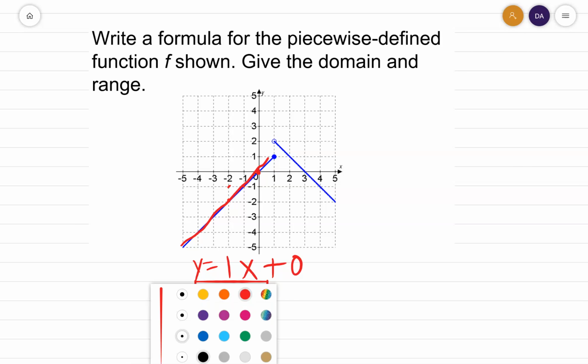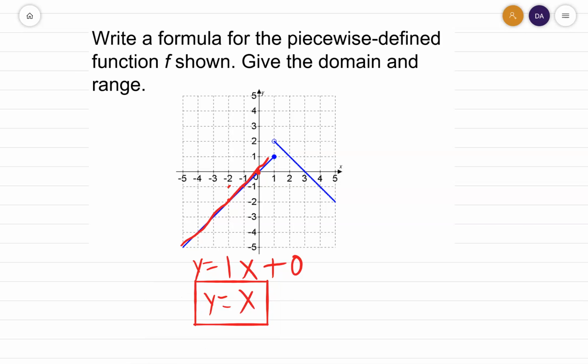Our second line, well, it starts here, but remember I'm doing y equals mx plus b. So this time the slope is down 1, right 1. So negative 1x. And the y-intercept, if I keep tracking this backwards, would have been at 3. And that would be this line right here.